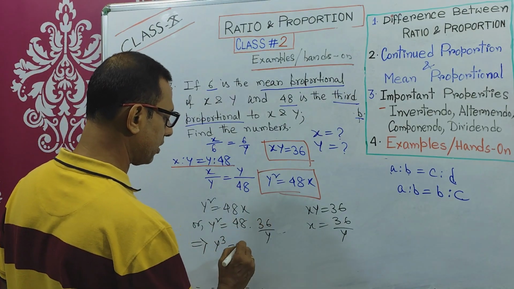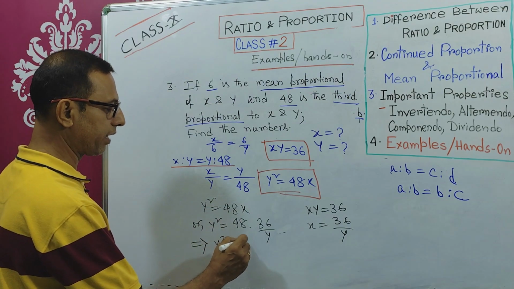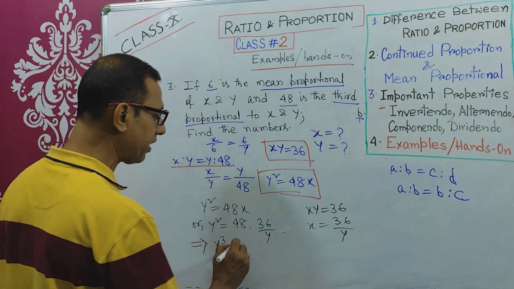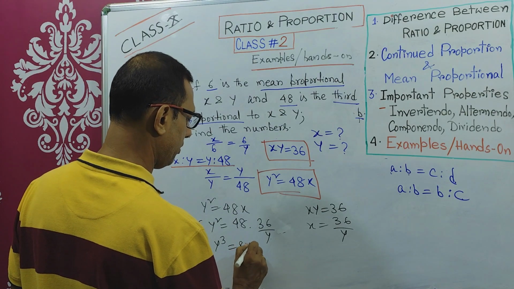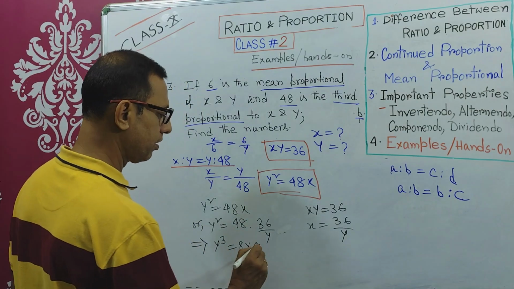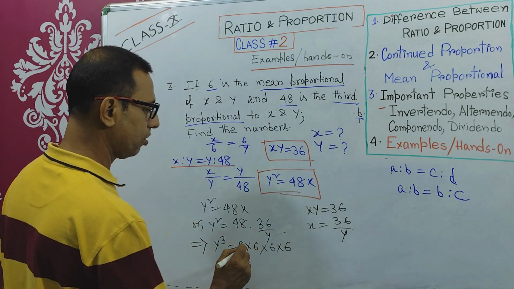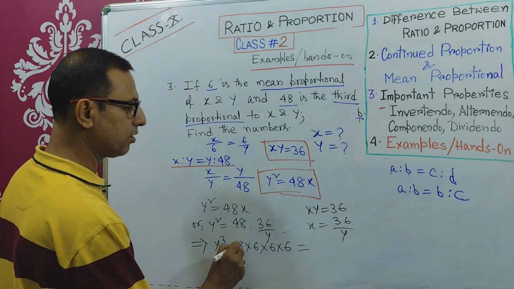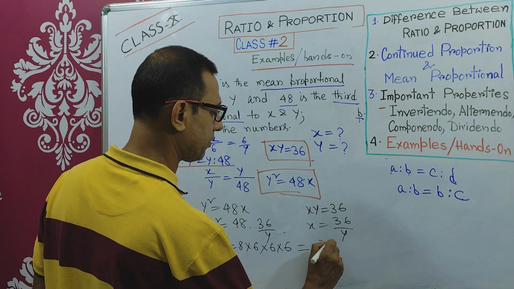So how can you express this to make the calculation simplified? I can write 8 into 6, 48, and then 6 into 6, 36. Now 8 means 2 cube, and there are already 3 sixes, 6 cube.